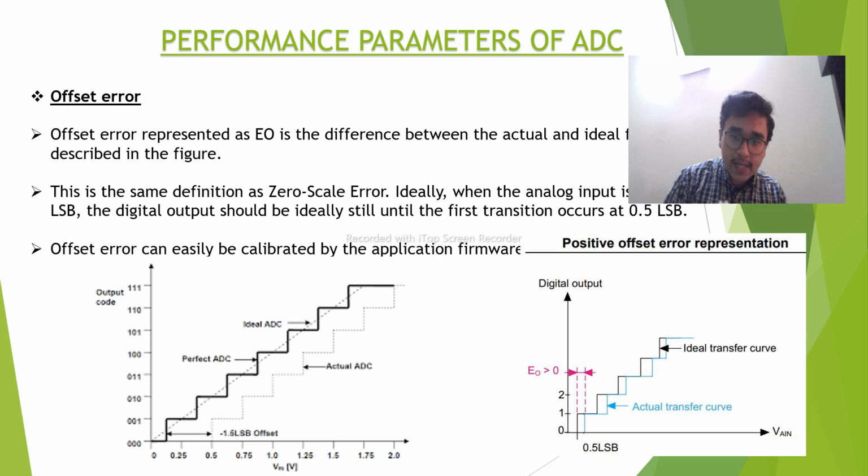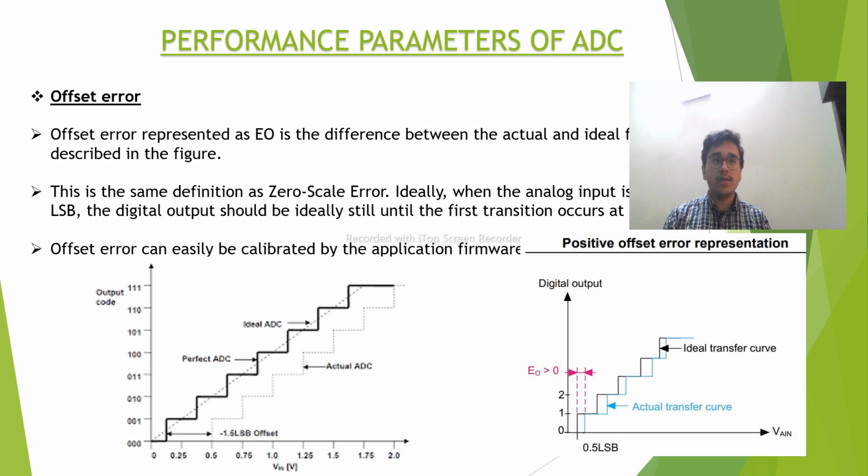Positive offset error is when the shifted ADC curve is above the perfect ADC, which can be seen in the right diagram. And in the left diagram, the staircase is below the perfect ADC. This is called the negative offset error.